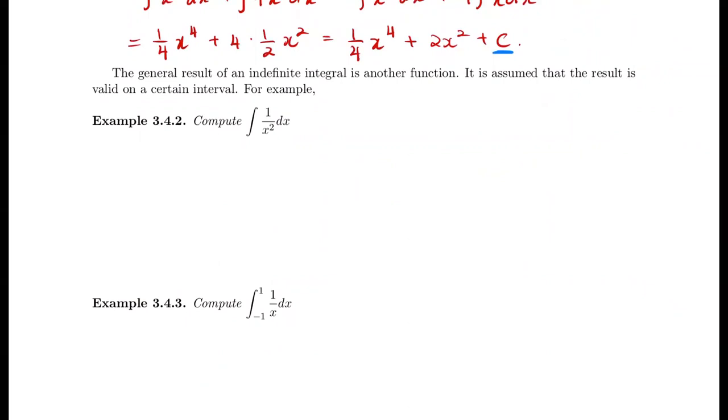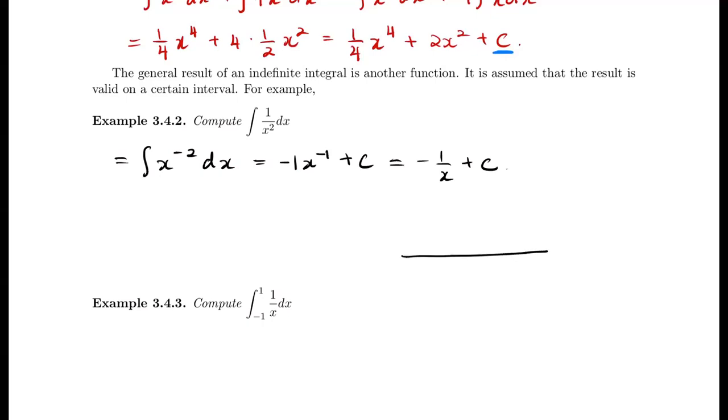For example, if we take the integral of 1 over x squared dx, which is the same as the integral of x to the power negative 2 dx, that's also the same as negative 1 times x to the negative 1 plus c, or negative 1 over x plus c, right? But so visually, this is what the graph would look like.